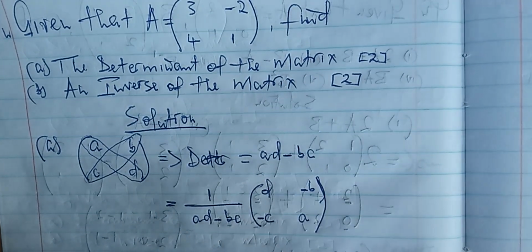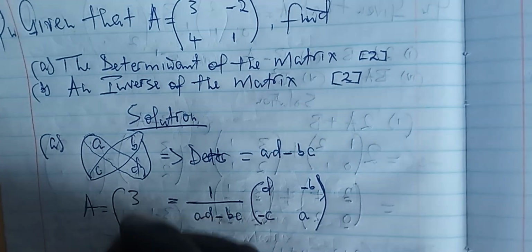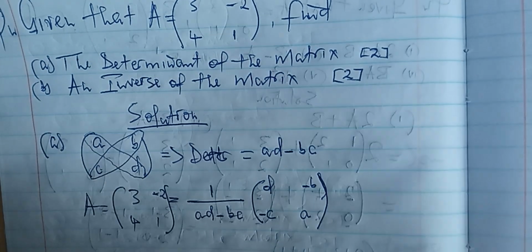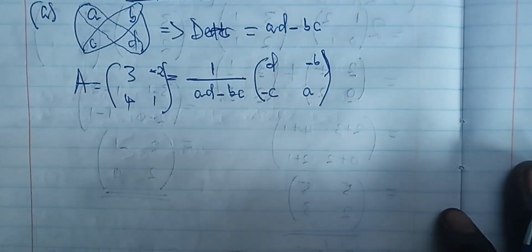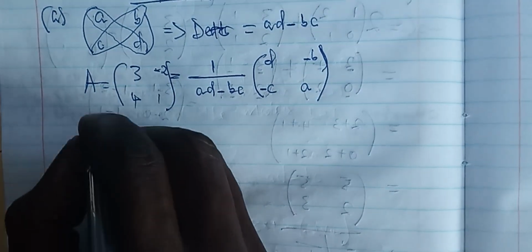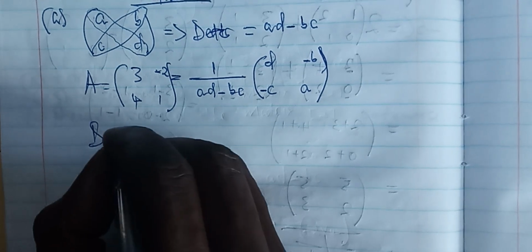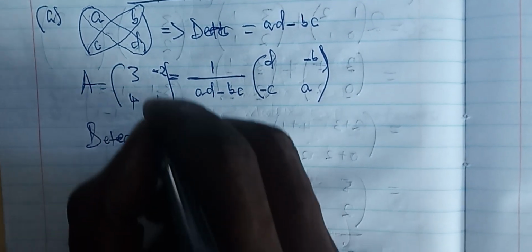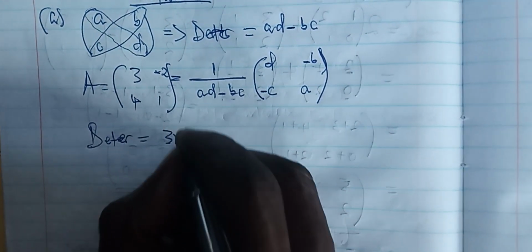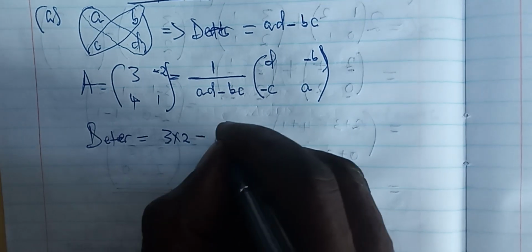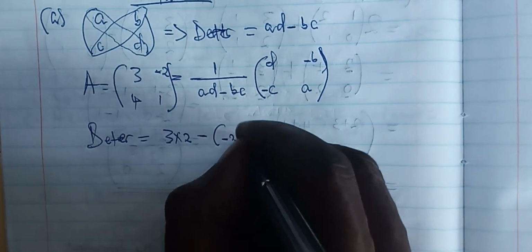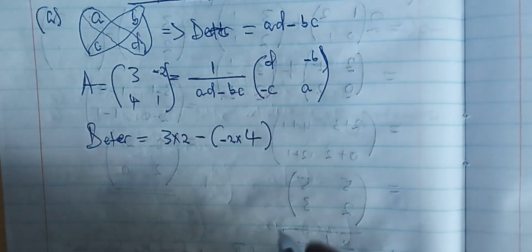So this is basically what we are going to do on this question. Here we've got our matrix A, which is 3, 4, minus 2, and 1. We need to calculate the determinant of this matrix. It is going to be 3 times 1, minus negative 2 multiplied by 4.